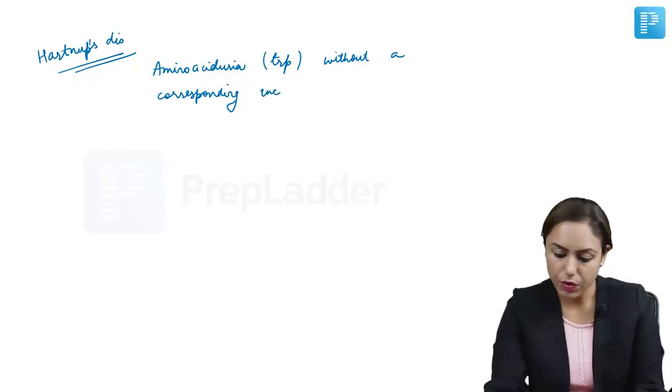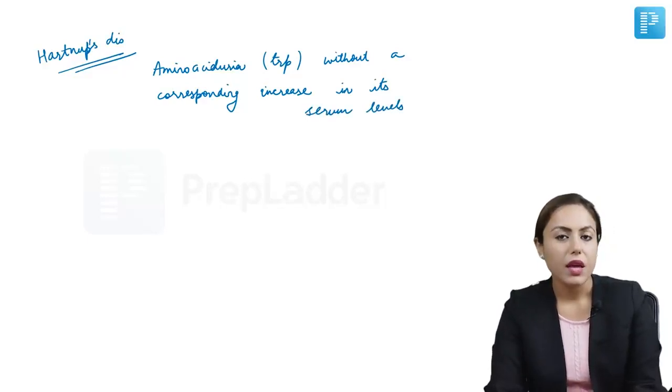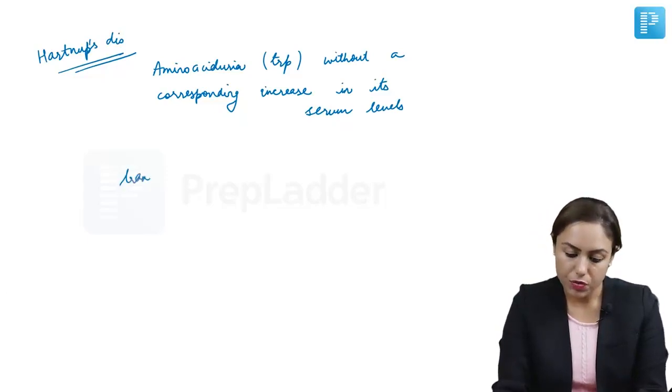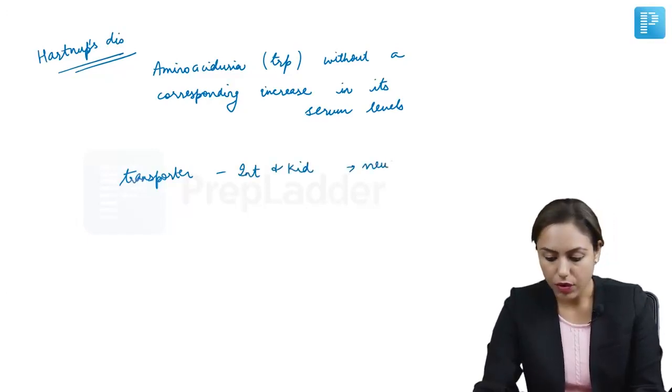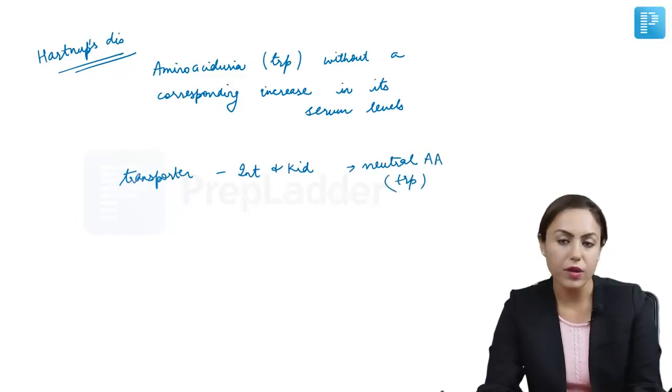Here a transporter is defective, the transporter present in the intestine and kidneys for neutral amino acids, especially tryptophan.